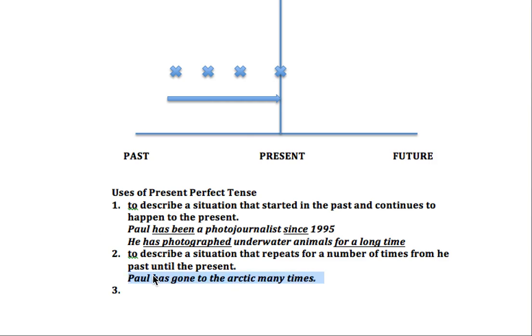So Paul has gone to the Arctic many times. Has gone is the present perfect tense, and we have many times here.